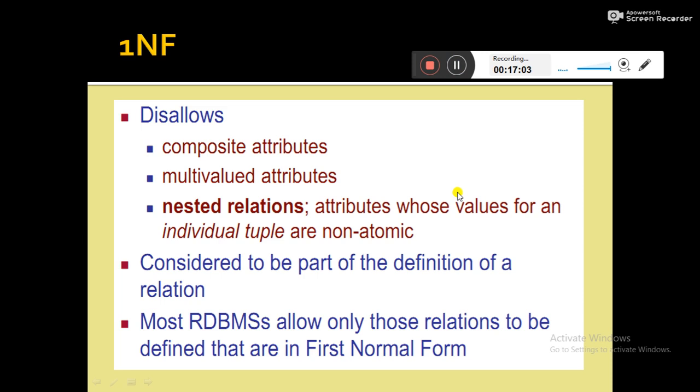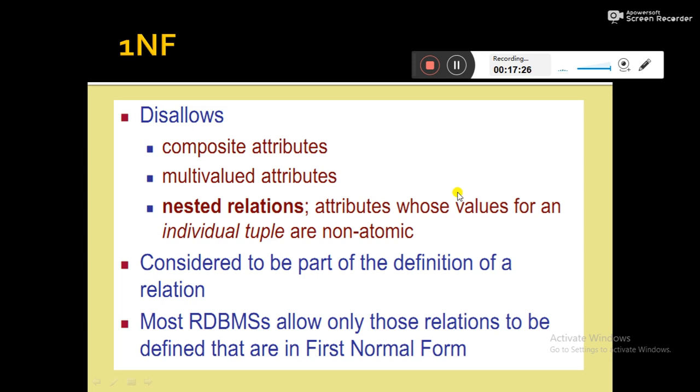Now the next point is the concept of normalization. As I have already discussed in my previous lecture, normalization is a process by which we can simplify the relationship among the records by analyzing the functional dependencies.